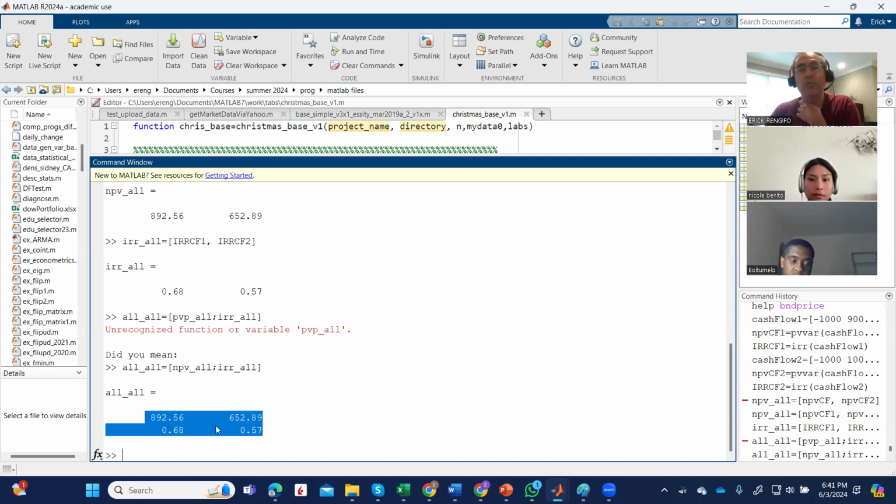If you want to export this into Excel, for example, you want to present not one by one, you want to present everything in a block. And then you put the names here: NPVs, internal rate of return, project 1, project 2. We're going to do naming conventions later. But at this point, what I want from you is to learn how to create matrices with vectors or scalars. Make sense? Make sense, guys?